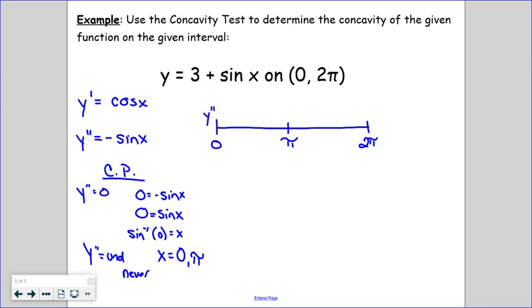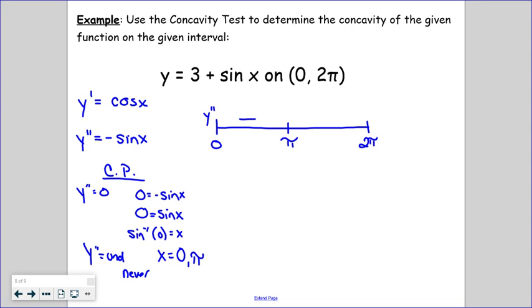And then test out my signs as I pick numbers in between 0 and pi and plug them into my second derivative. So if I think of something between 0 and pi, like pi over 2, pi over 4, something in there that you know the sine value of, okay? What is the sine value of pi over 4? Square root of 2 over 2, right? So if I put pi over 4 in here, I get square root of 2 over 2, but then the negative out front makes it negative square root of 2 over 2, right?